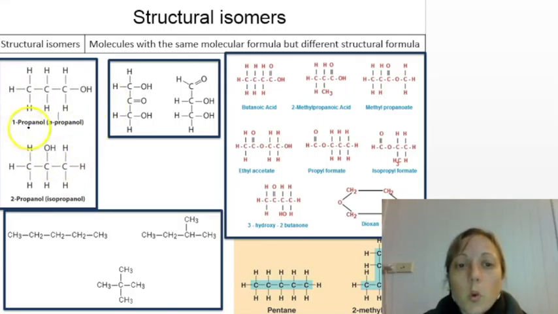But we can see that one propanol has the alcohol group at the end, whereas 2-propanol has the alcohol group on the second carbon. But we need to be able to say, well, yeah, they're both propanol, but they're isomers of each other. Similarly, we've got these two molecules here. One of these is a ketone and one of these is an aldehyde. But they've both got the same molecular formula.